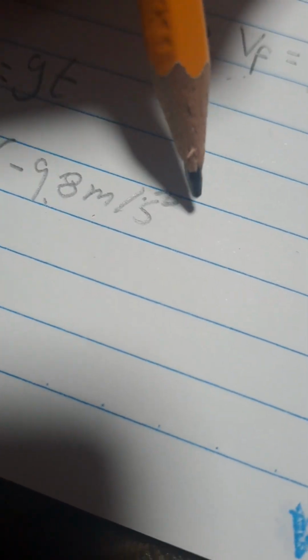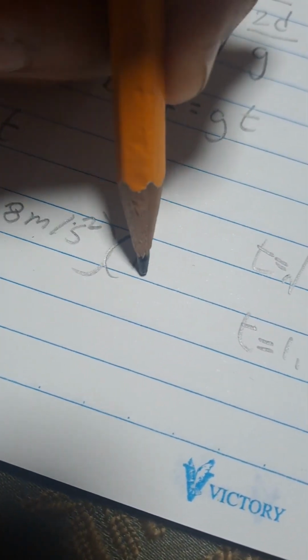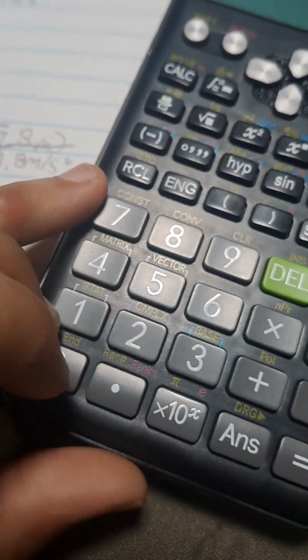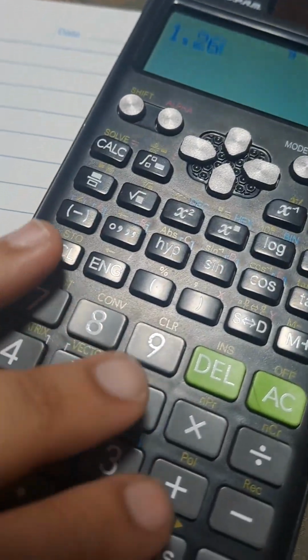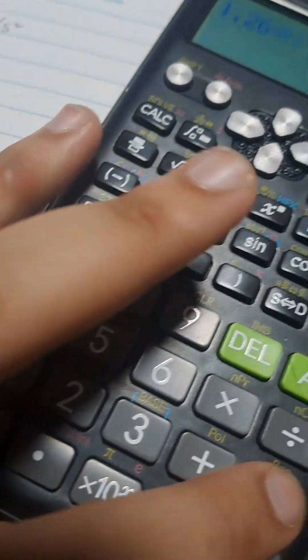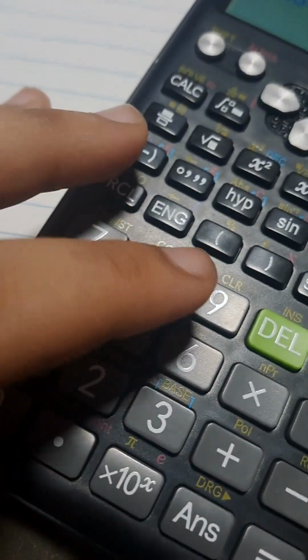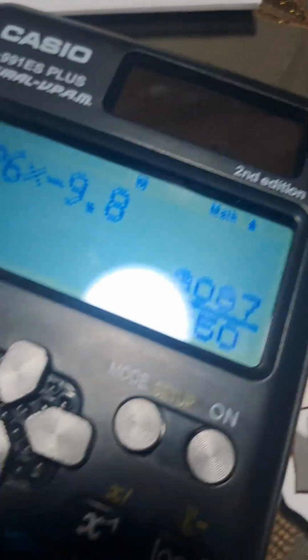G is your gravity, obviously, which is negative 9.8 meter per second squared. Then you can add your time, which is 1.26, and you just multiply it immediately. So 1.26 multiplied by negative 9.8. Remember it's negative.